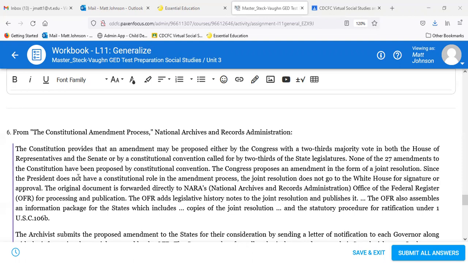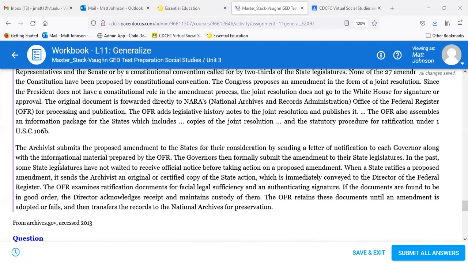The OFR adds legislative history notes to the joint resolution and publishes it. The OFR also assembles an information package for the states which includes copies of the joint resolution and the statutory procedure for ratification under 1 USC 106b. Okay, thanks.